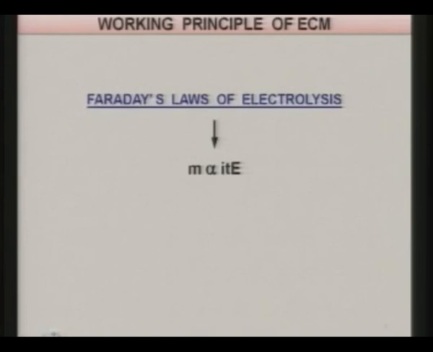I is the current, t is the time, E is the chemical equivalent of the anode work material, and m is the amount of material removed during the process.